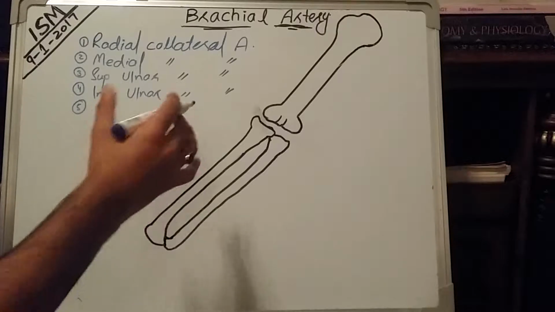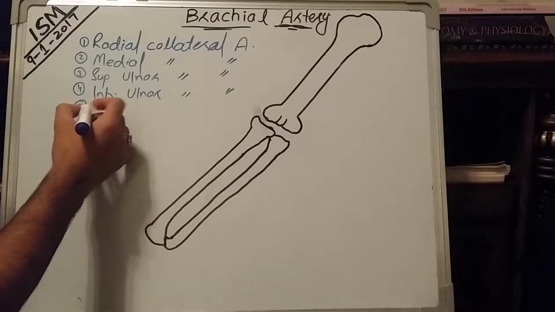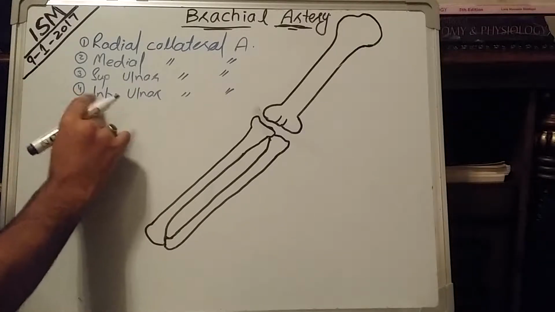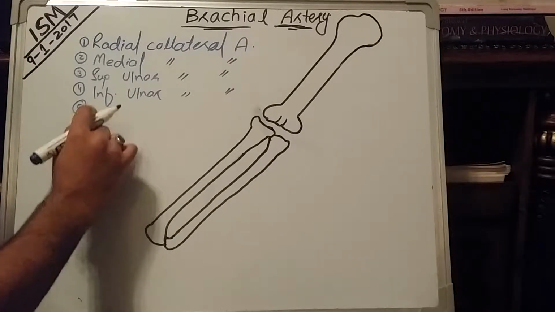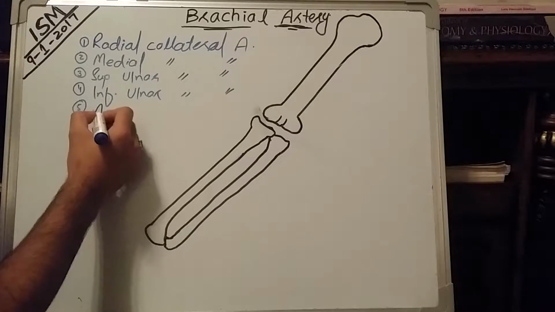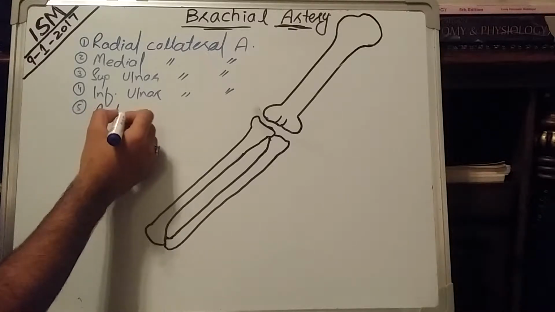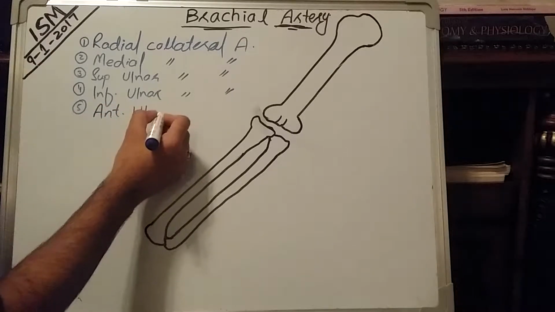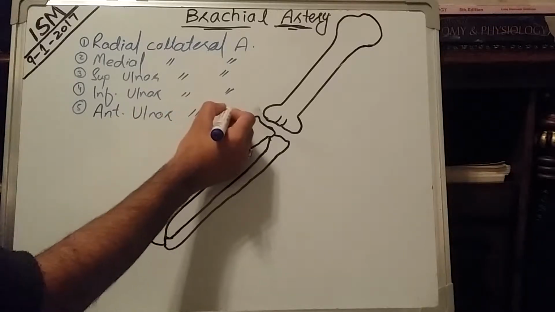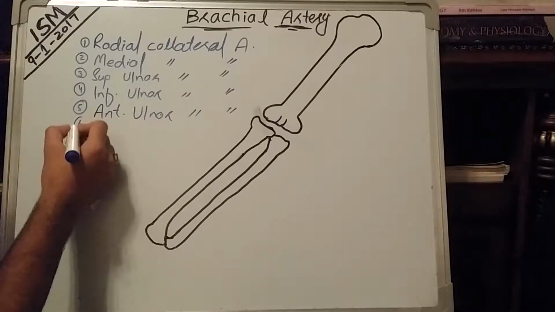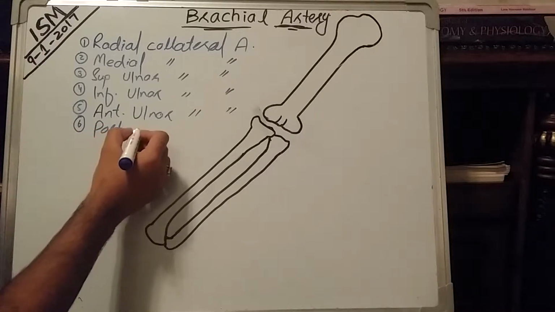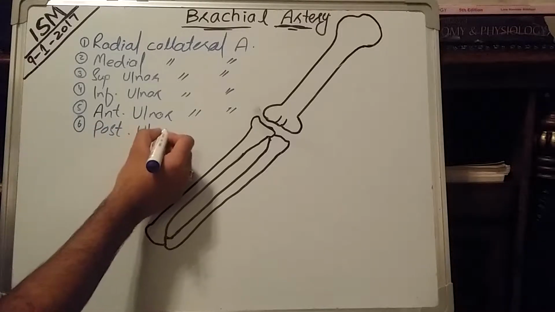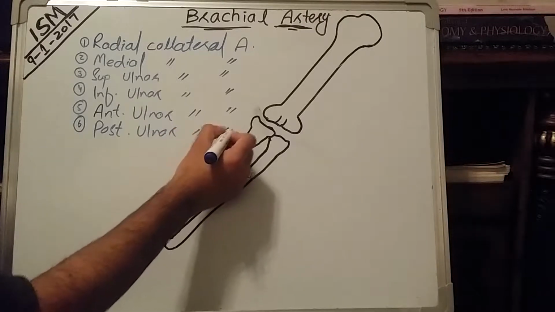Those branches which form anastomosis are the anterior ulnar collateral artery. The sixth one is the posterior ulnar collateral artery.